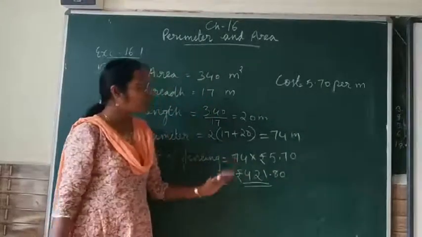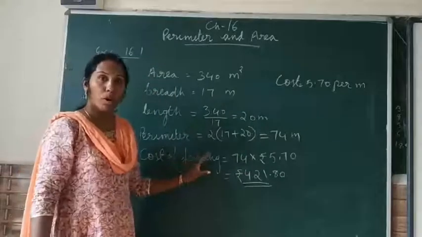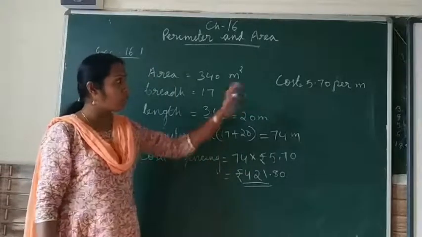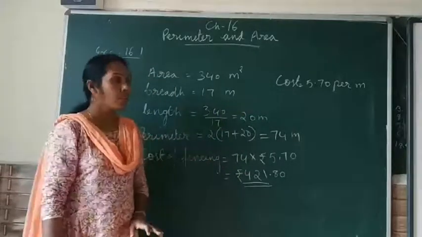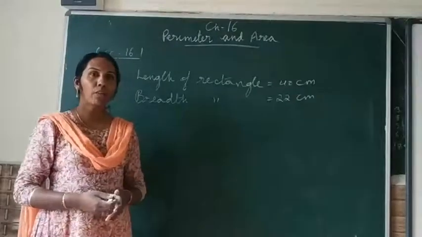So this is the cost of surrounding the plot with a fence at the rate of rupees 5.70. Now we can do question number 7.